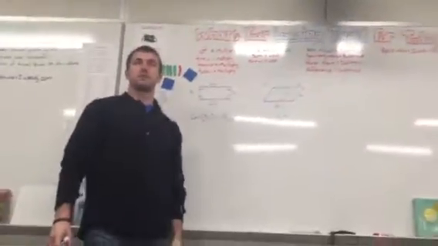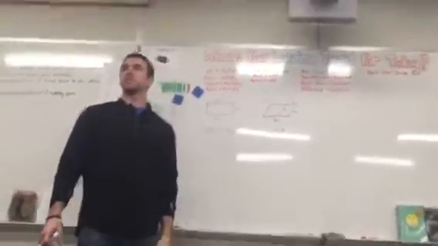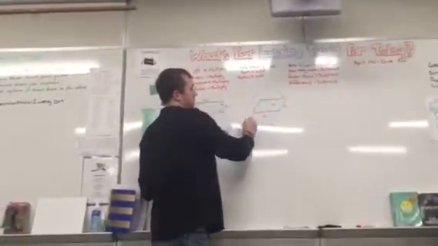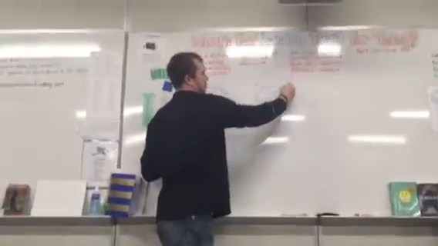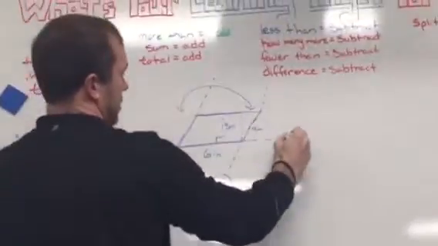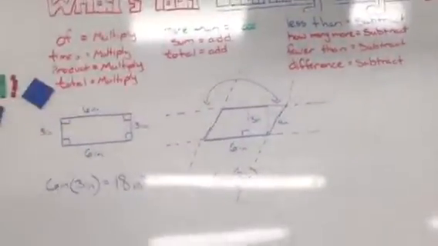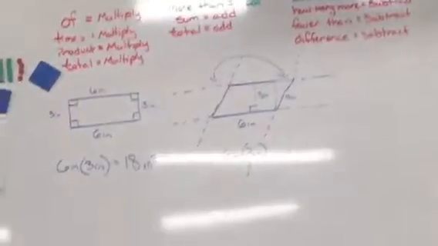Does it have parallel lines? It has 2 sets of parallel sides. So this is parallel. This would never touch this line if I drew it accurately. These would never touch this line. Does that make sense? Parallelogram. So you need to know that, right?